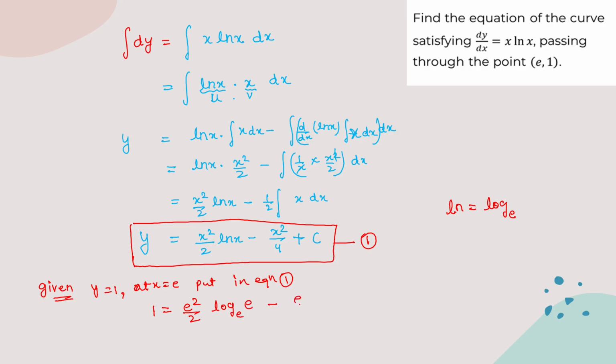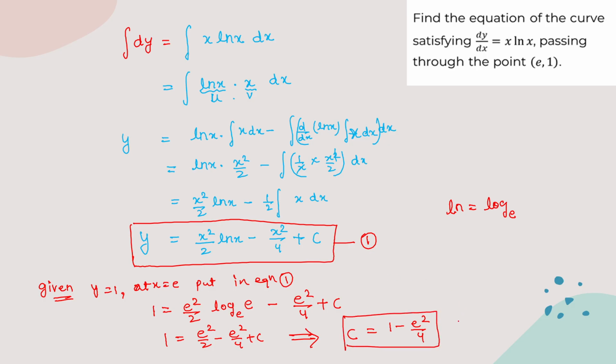Log base e of e will become 1 only, so e square by 2 minus e square by 4 plus c equal to 1. From here you can get the value of c. When you take the LCM, the value of c will become 1 minus e square by 4.